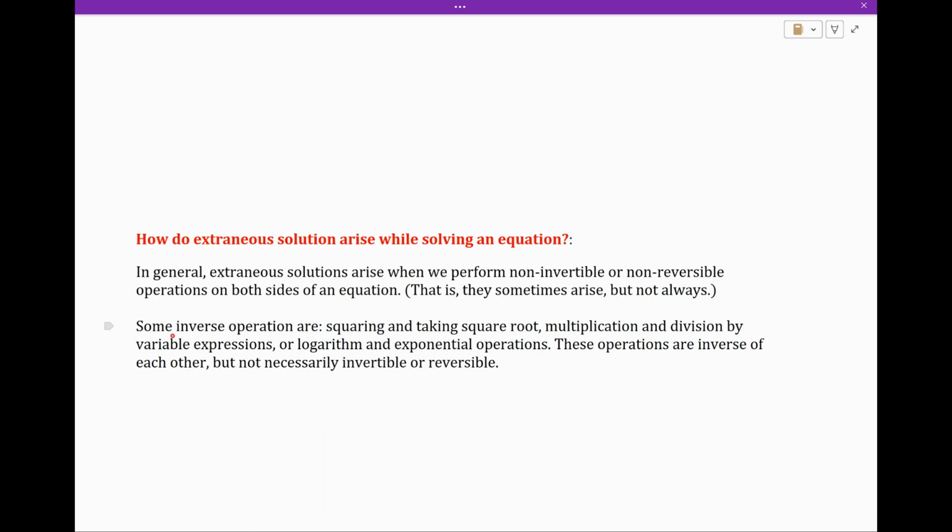Some inverse operations are squaring and taking square root, multiplication and division by variable expressions, or logarithm and exponential operations. These operations are inverse of each other, but not necessarily invertible or reversible.